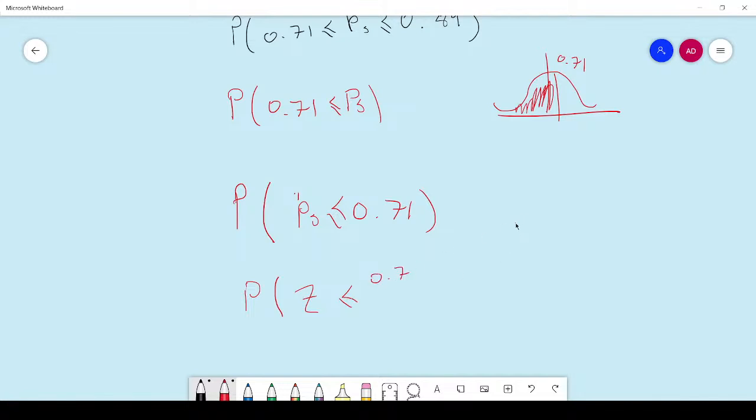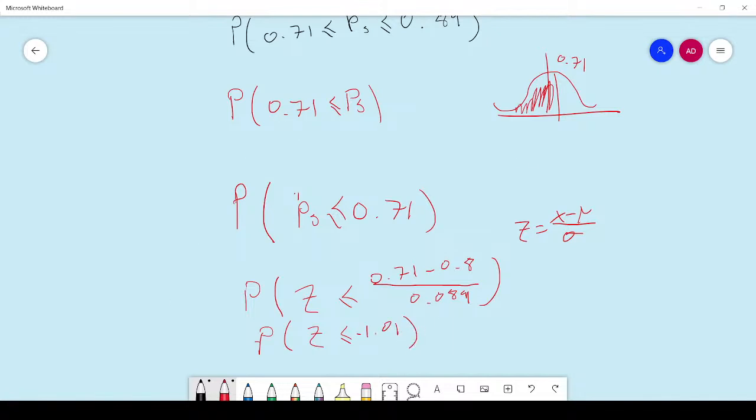I'll write down the equation we're using: z equals x minus mu over sigma. So z equals 0.71 minus 0.8, mu, over sigma, which was 0.089. So probability z is less than or equal to... check that on the calculator and we should have negative 1.01.